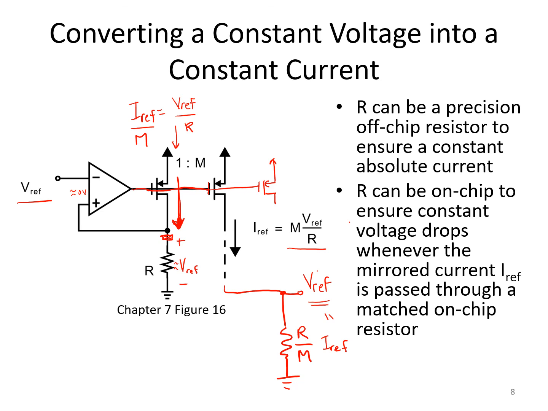So if we have a pad here, then we can make our precision resistor off chip, and the resulting current that flows down here will then be a band gap voltage Vref divided by precision resistance R, and it will therefore have a very tight tolerance across temperature. And we can use that however we like on the integrated circuit. The cost of that is essentially that we need an extra pin on our chip to allow for the off-chip connection of the precision resistor R.